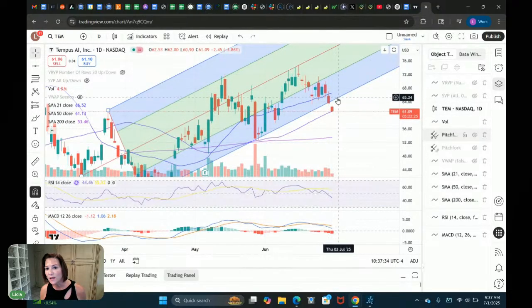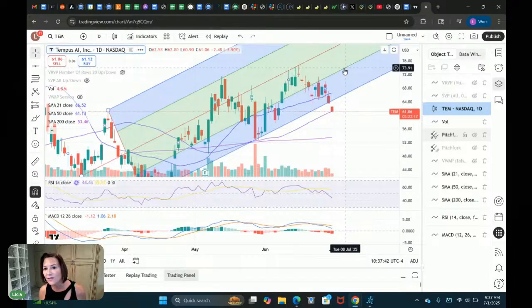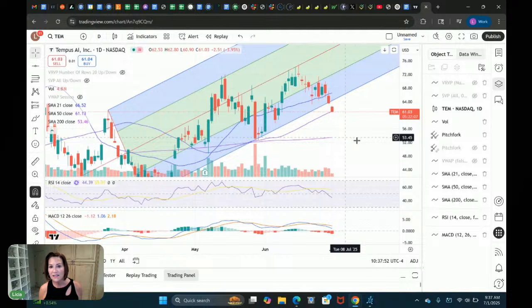Once I get it closed back up into this Pitchfork, and I would probably wait to clear the 21-day, and then I'm going to write it up here. That's almost 74. That's $12. Well, it'll be down here, so it'll be 66.5 to 74. Great move. But right there, it gives you a stock.